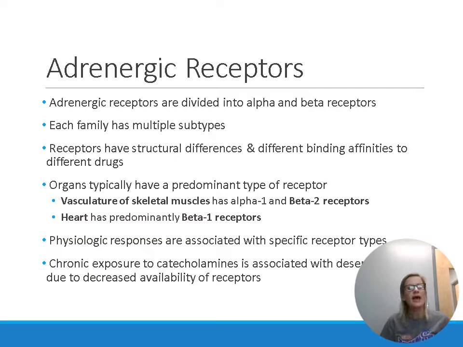Organs typically have one predominant type of receptor, right? So for example, the vasculature, the vessels in skeletal muscles have some alpha 1 receptors and beta 2 receptors, but beta 2 receptors predominate, right?